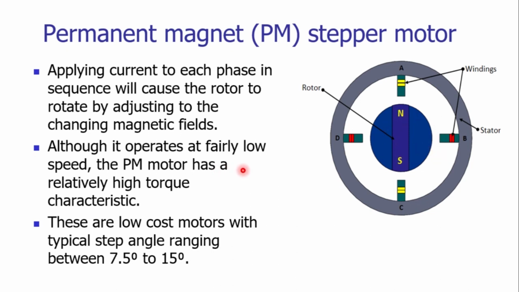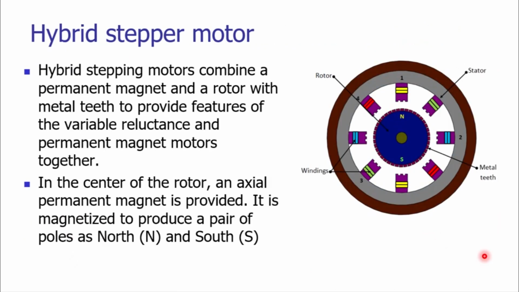Permanent magnet motors have fairly low speed, but they provide relatively high torque. They are quite economical, less expensive, and they provide a step angle of about 7.5 degrees to 15 degrees.